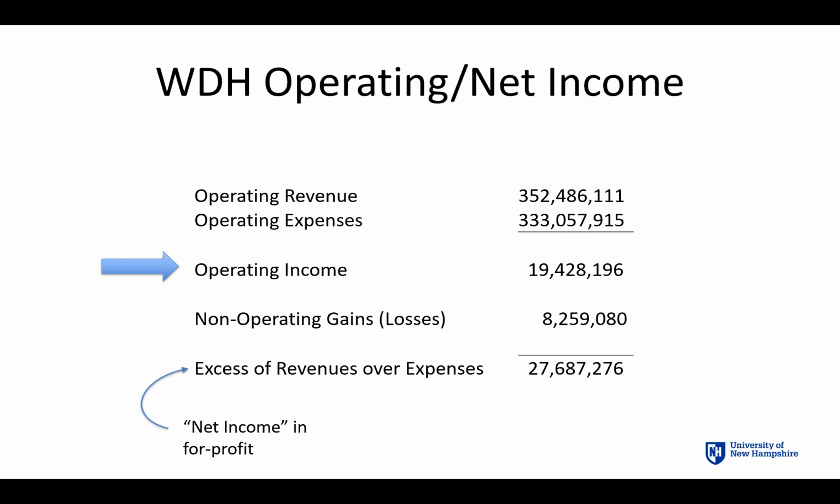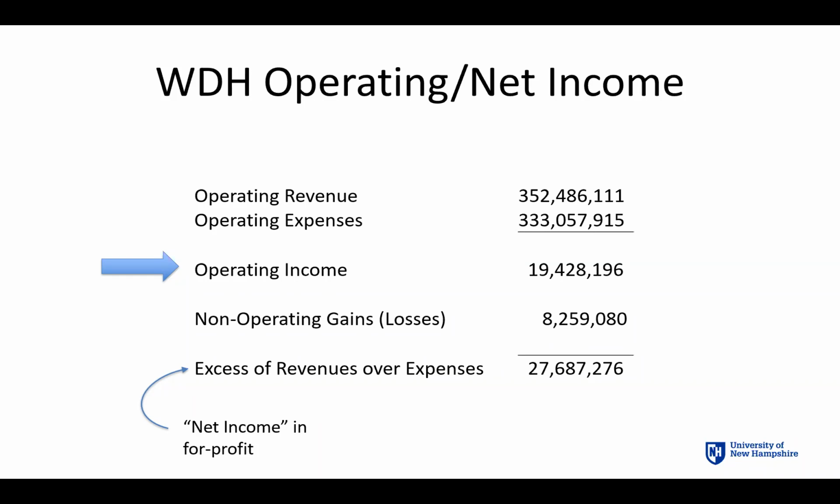In for-profit language, that gives us our net income. I'm going to default to net income because saying excess of revenues over expenses takes me too long. But you should know that not-for-profit entities use slightly different language on their financial statements. It means the same thing.